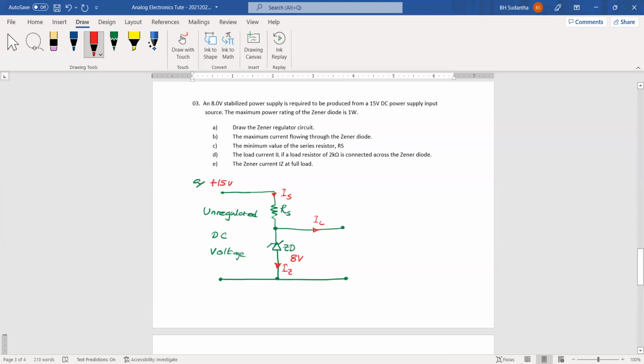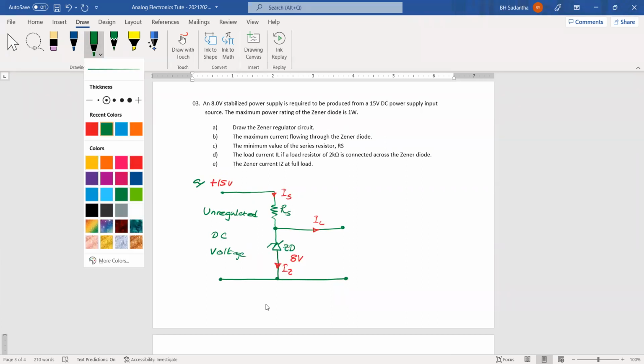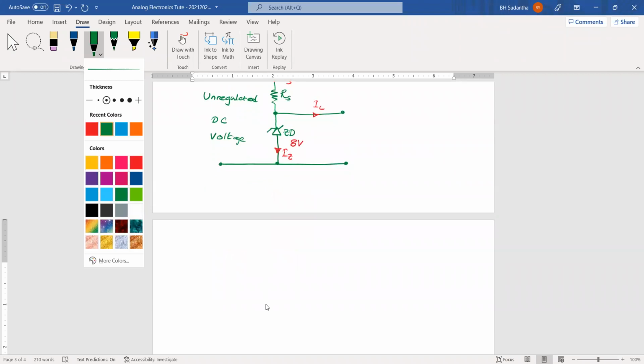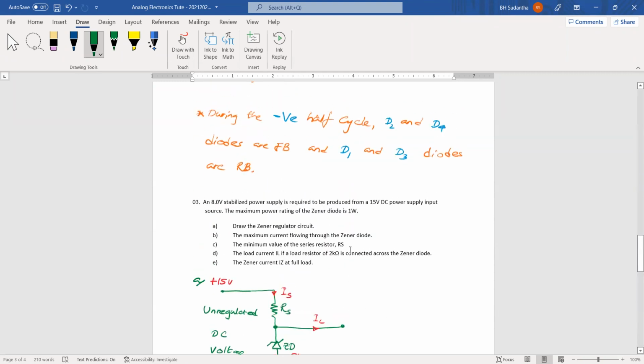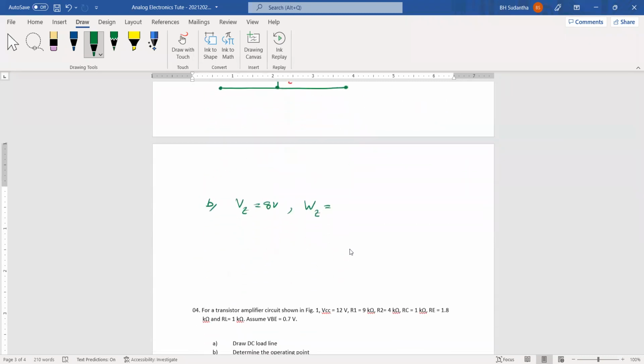The next one is the maximum current flowing through the Zener diode. How can we find it? Because we know the Zener voltage, we said it is 8 volts, and the Zener power rating is 1 watt.